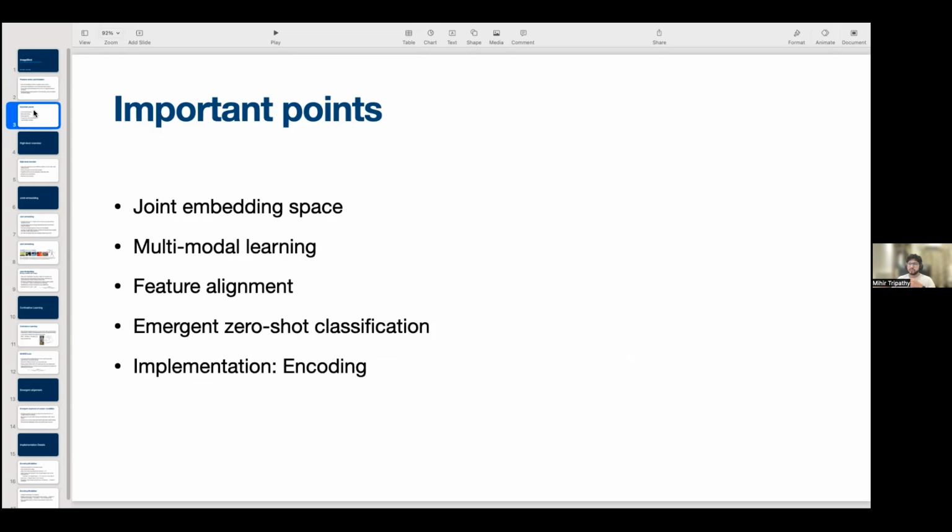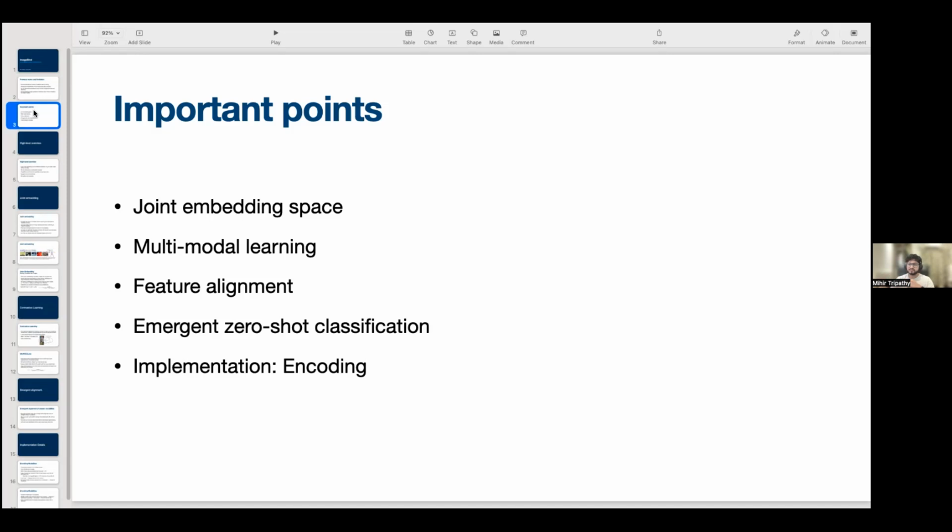So one of the key points of this paper that I'll be explaining in this presentation would be a joint embedding space, how the team comes up with it and how it is trained. The whole multi-modal learning. This paper describes six modalities. So how training with just three modalities, image and two other pairs, can lead to the alignment of the pairs which have not been trained together.